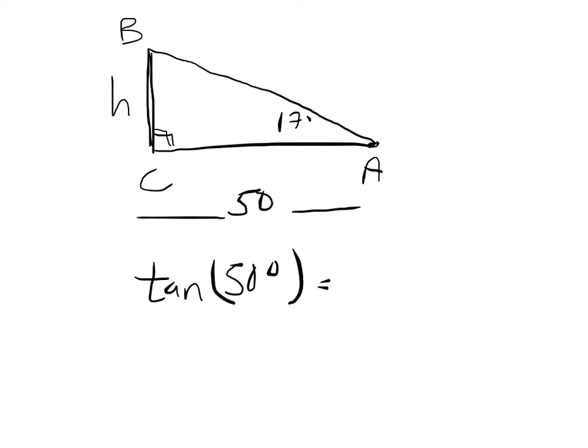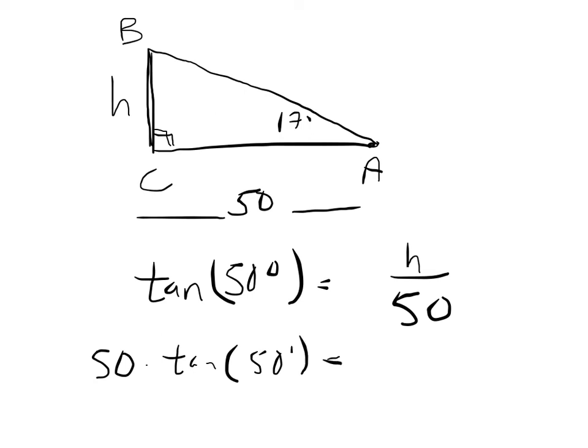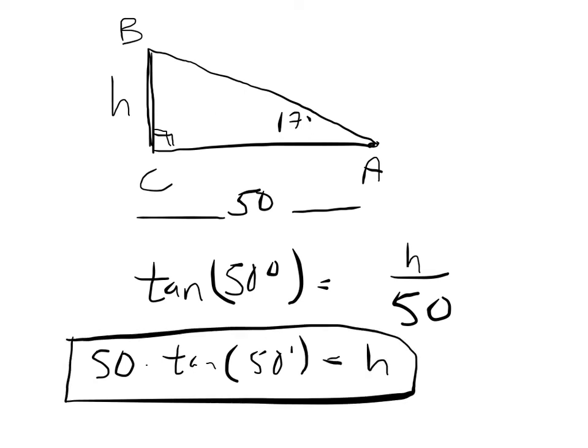The tangent of 17 degrees is h over 50. If I want to solve that for h, one arithmetic step: 50 tangent of 17 degrees equals h. Now I could leave that as an exact answer, or I could take my calculator, making sure I'm in degree mode, which we talked about in class, and simply find a decimal approximation by punching some buttons in the calculator.